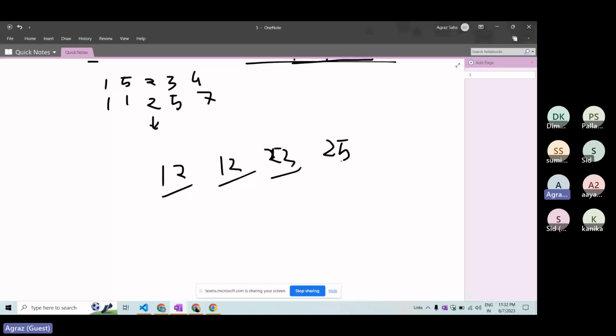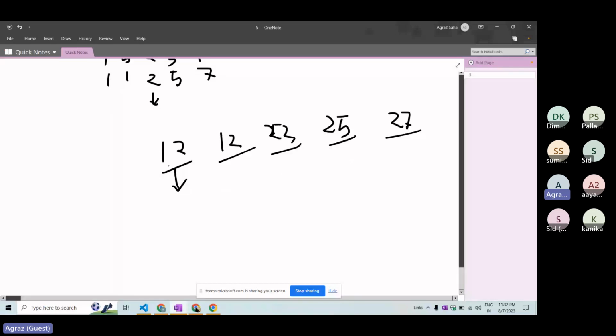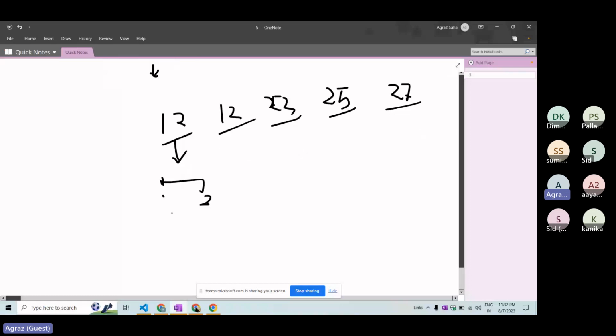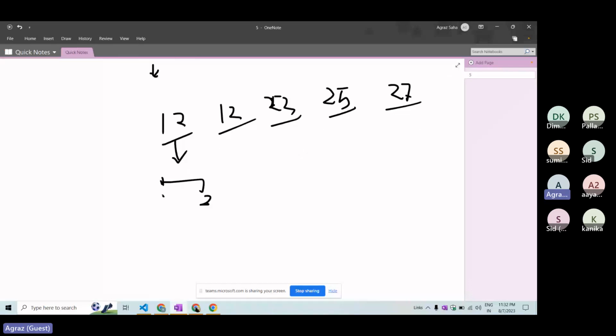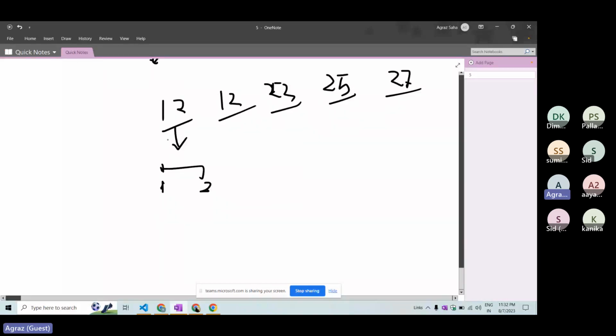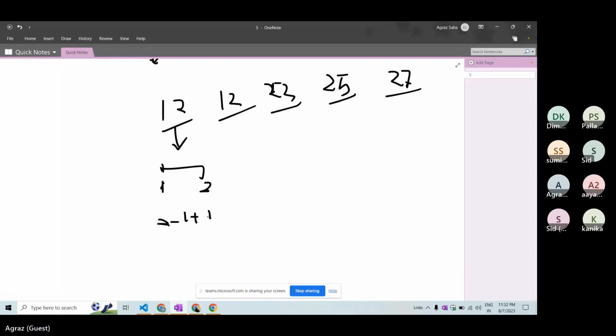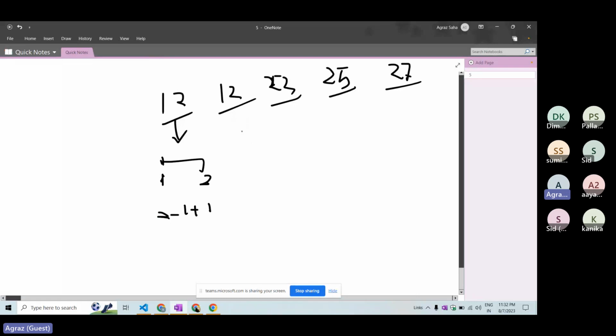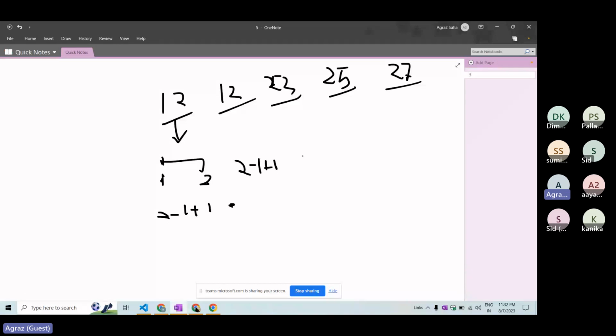So the answer lies between the values that it is accommodating. It starts from 1 to 2, so it will increase the answer by 2 minus 1 plus 1 for this value, of course. This also 2 minus 1 plus 1. This 2 minus 2 plus 1.